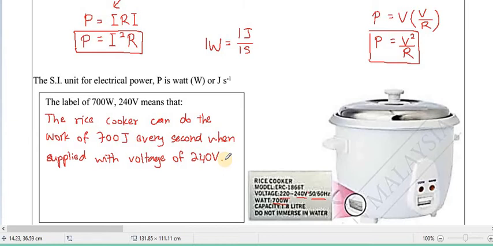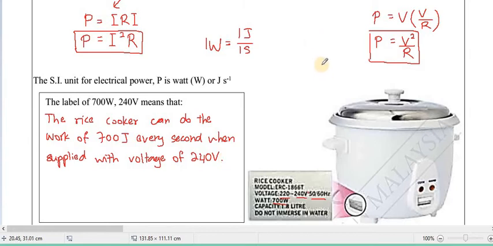This is also the same for other electrical appliances, for example the light bulb. If the light bulb is labeled 100 watt, 240 volt, then if it gets 240 volt, it can function with the power of 100 watt. If it gets less than 240 volt, it cannot function normally, and the power will be less than 100 watt.